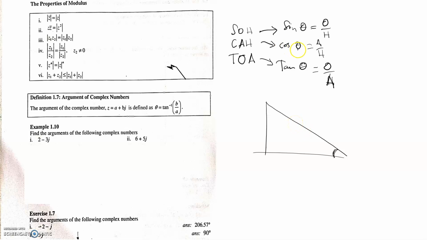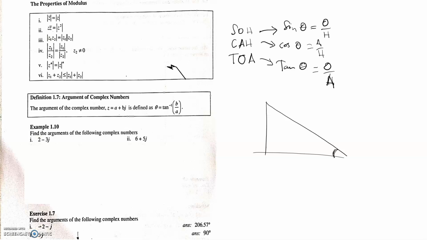For cos theta, it is the adjacent to this angle, over the hypotenuse. As for tan, it is the opposite over the adjacent.